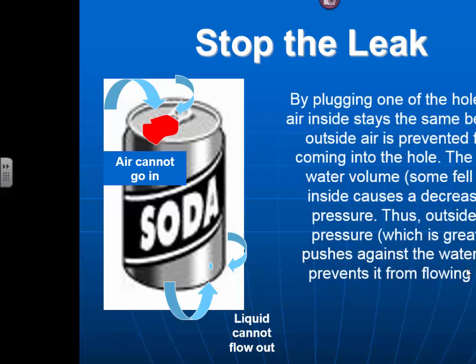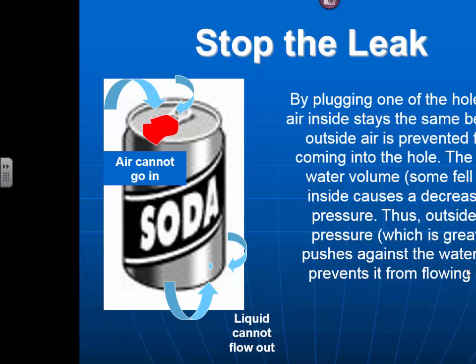And what happens is when you plug the top hole, the amount of air inside stays the same because the outside air can no longer come in. Some of the water continues to fall out of the hole right as you plug the top one, and that allows for a lower water volume inside, taking up less space. That allows the air inside to spread out a little bit, and that causes a decrease in pressure inside the can.